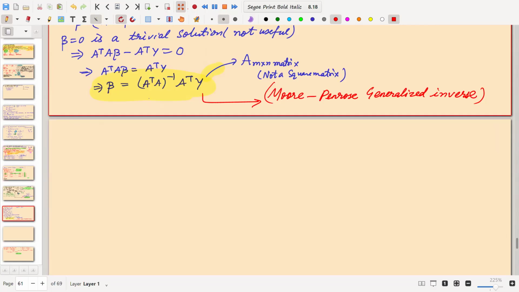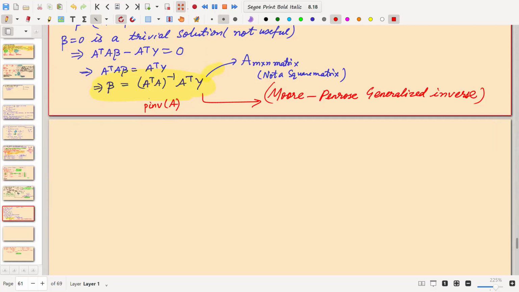So it's a generalized inverse, and it is so important that Python has already kept a predefined function for it. You can get the pseudo inverse of a matrix A by using the pinv command in Python. The pseudo inverse of a matrix A does not need A to be a square matrix.